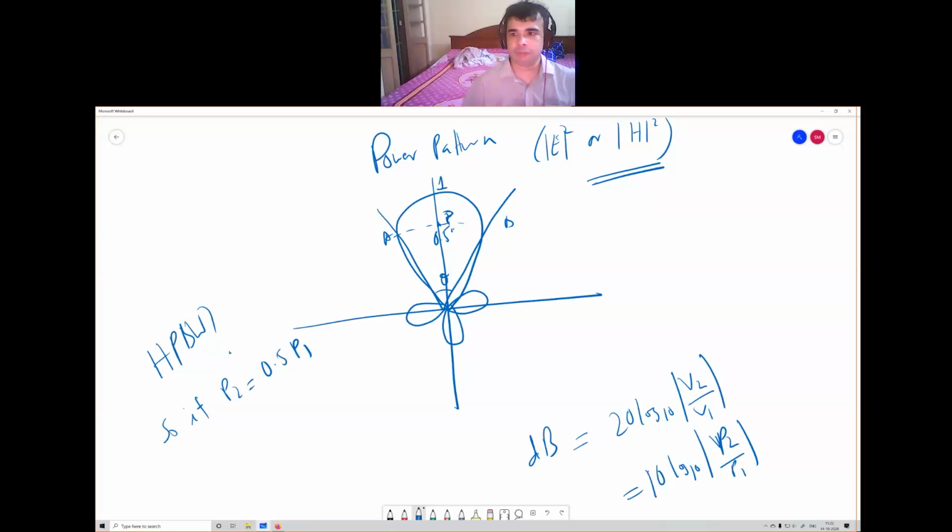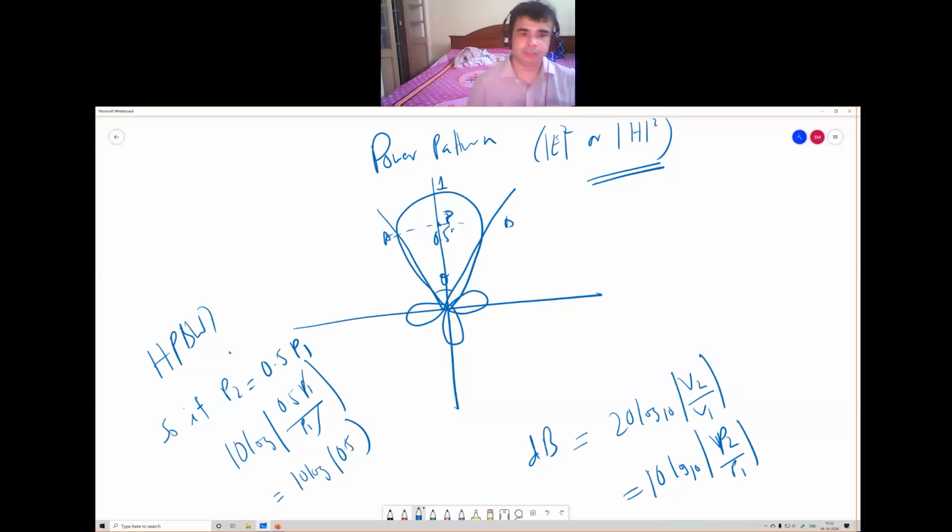This will be 10 log 0.5 P1 by P1. So P1 gets cancelled. That is 10 log 0.5. Minus 3.01 is the exact answer, but we often approximate it as minus 3 dB. So minus 3 dB means half power.